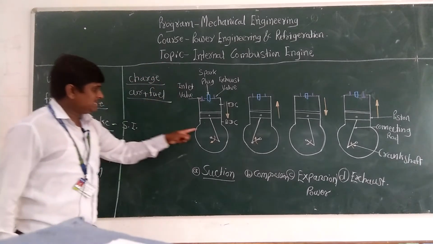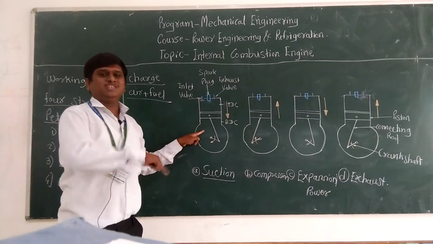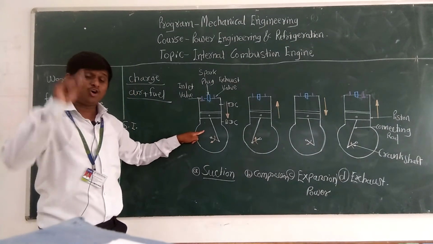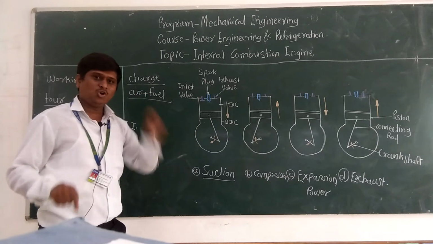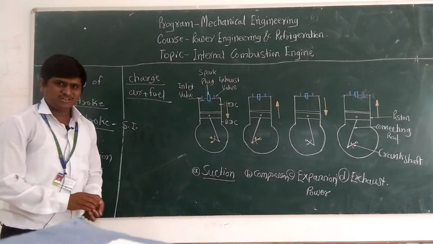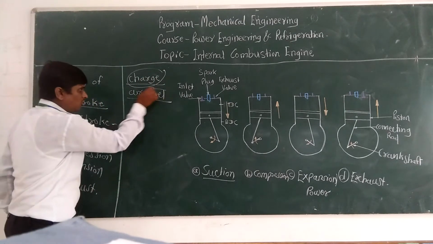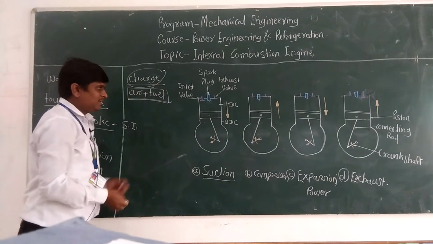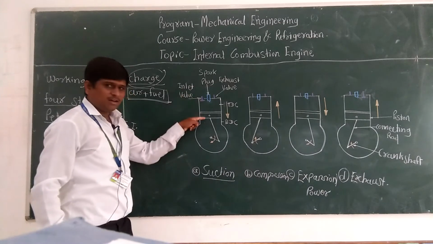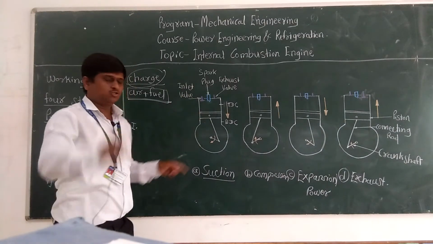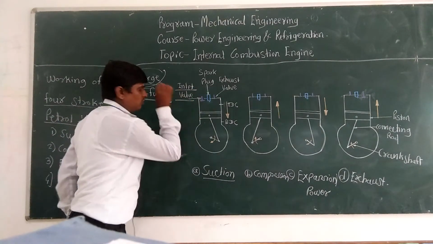When the pressure inside the cylinder is lower than the carburetor pressure, the charge enters the cylinder through the inlet valve.